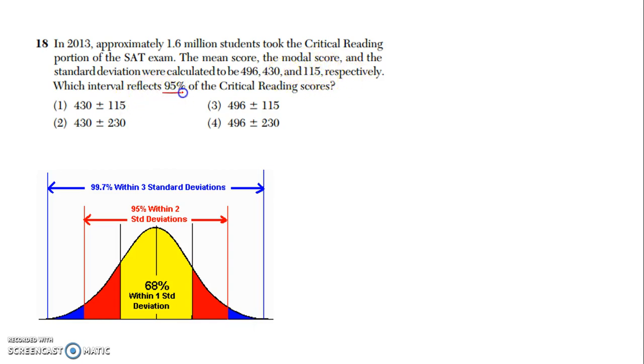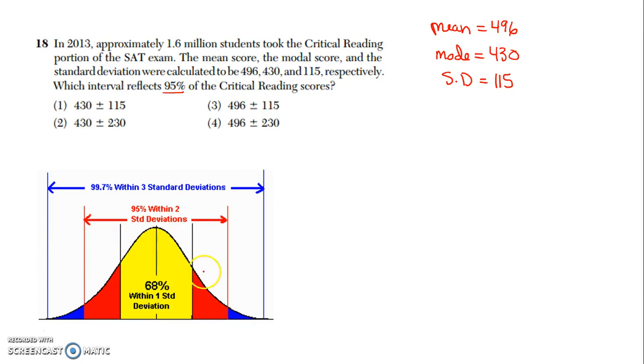Which interval reflects 95% of the critical reading scores? Okay, so when they say these are the scores respectively, they're telling you your mean is 496. Your mode, the score that was the most, is 430. And your standard deviation, they're telling you, is 115.